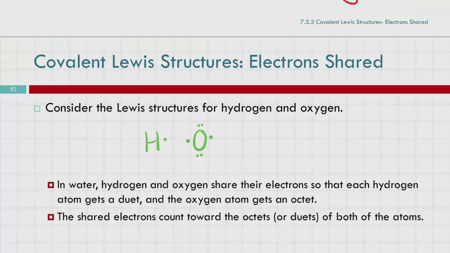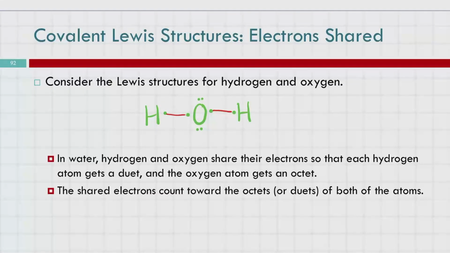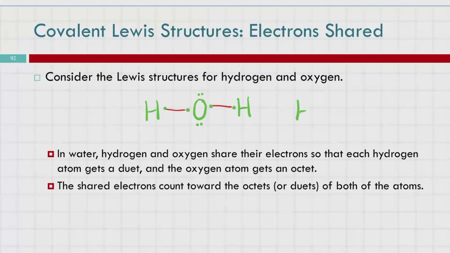In water, which is H2O, we share electrons between our hydrogen and our oxygen. So this is one way that we can draw it out. I've just drawn them connected. Typically, we would see this if we're using dots.